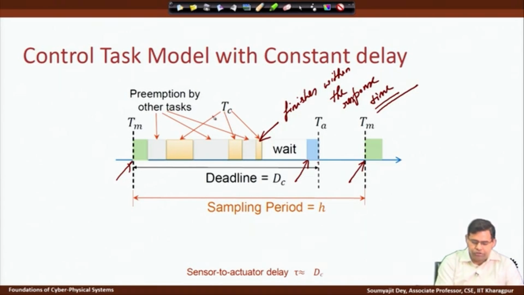Before it got executed, let us say this is the ith instance, the sensor task or the corresponding measurement task must execute, and it will satisfy this precedence relation. Then maybe some other task of higher priority was executing, then it executed, then again it is preempted, then again executed, then again preempted, and it got finished here. Okay.